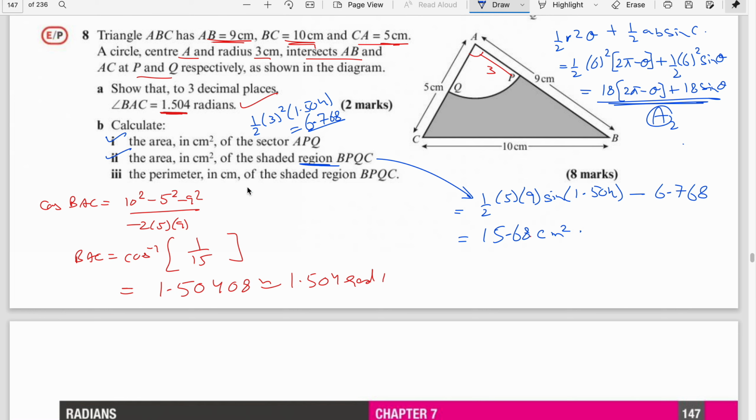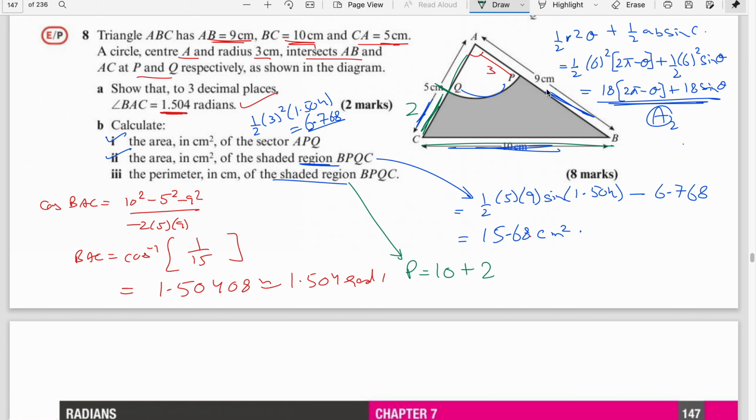Last part says find the perimeter in centimeters of the shaded region. So for the perimeter, we have 1, 2, 3 and 4 sides. CB, let me change this color. So CB is 10 plus this right here is 2. Full is 5, radius was 3. So 5 minus 3, this is 2.